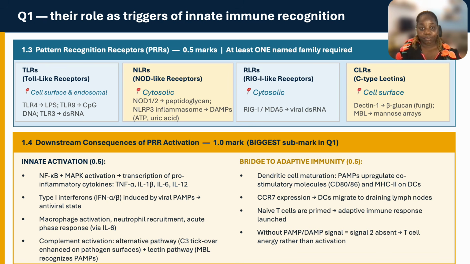Without this PAMP activation, without signal 2, T cells that encounter antigen become anergic rather than activated. So this is an important safeguard against autoimmunity, and it is also directly relevant to why we need adjuvants in vaccines.